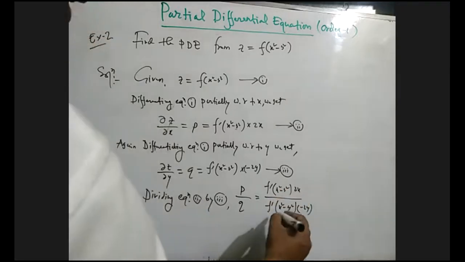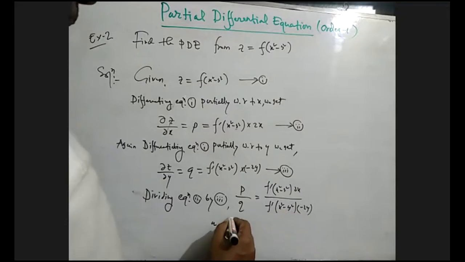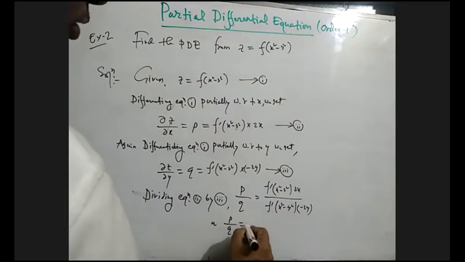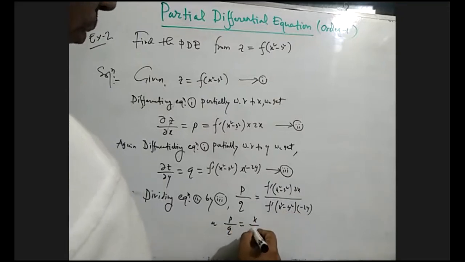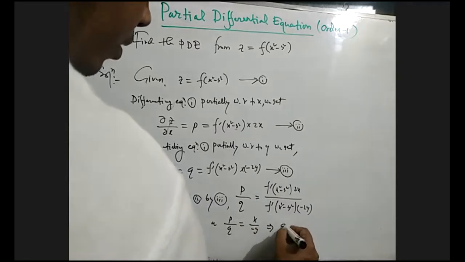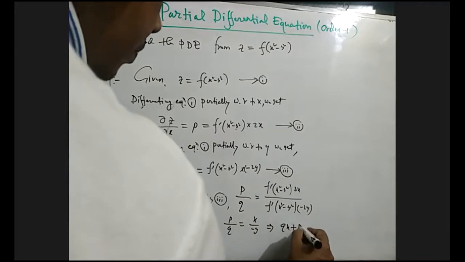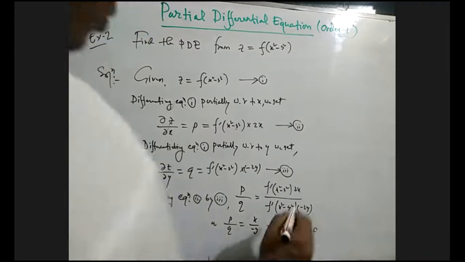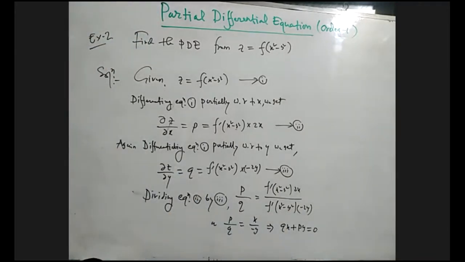This will cancel, so P divided by Q equals minus y. Therefore, Qx plus Py equals 0. This is the partial differential equation obtained by the method of elimination of arbitrary functions.